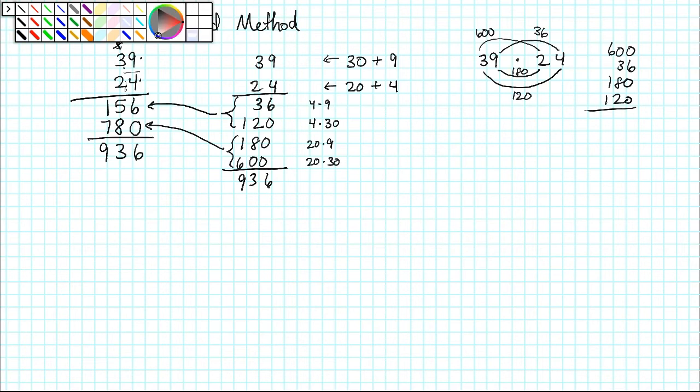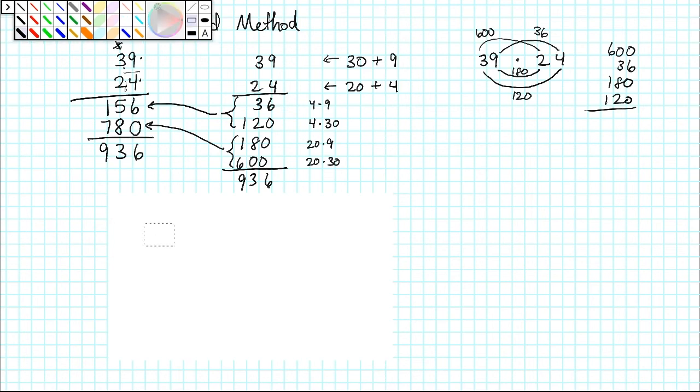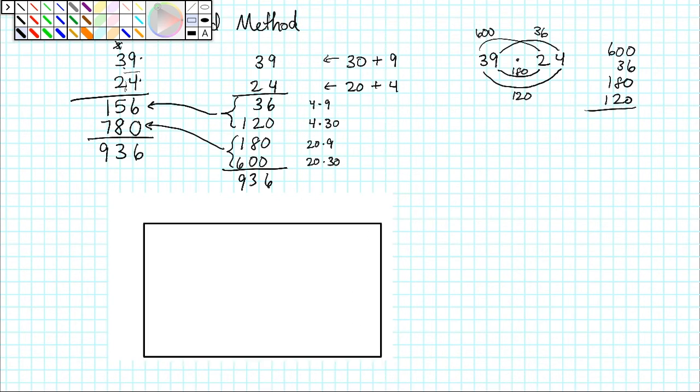So I'm just going to block out my grid for a minute, and I'm going to draw this in a way that represents that picture but doesn't have all of the individual squares in there for me to count. So 39 times 24, so I'm going to say that 39 is 30 plus 9.